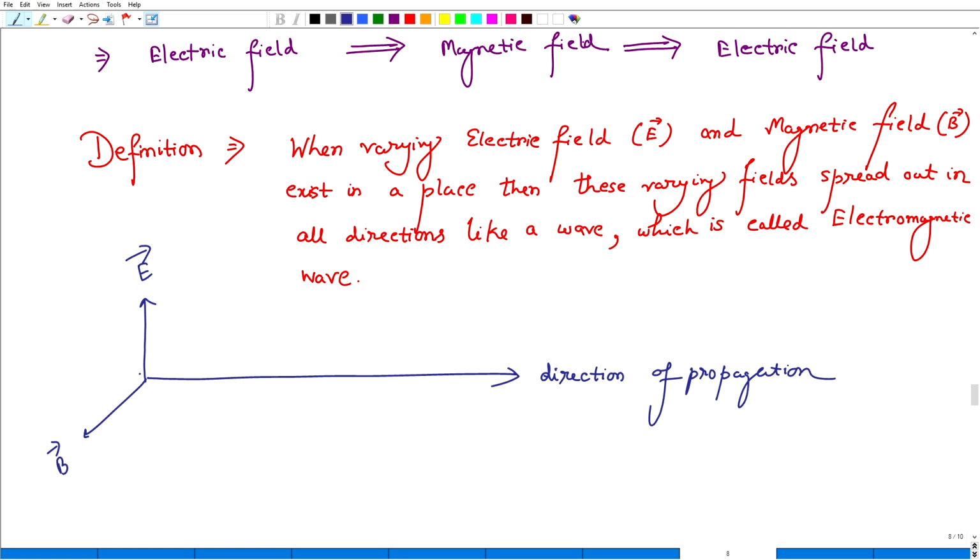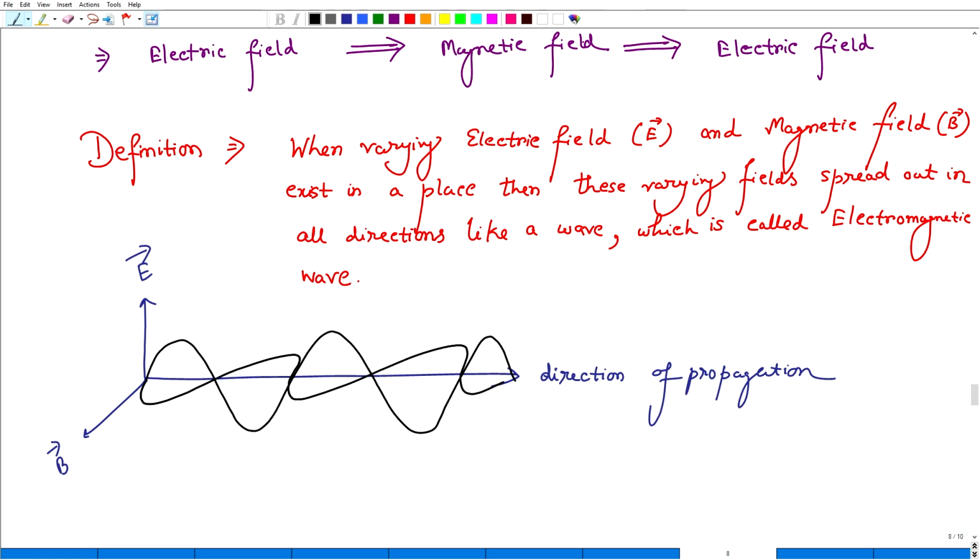Okay, so the electromagnetic wave will be like this. Here this is the electric field. Okay, this is a snapshot at a time also. I've also said that.